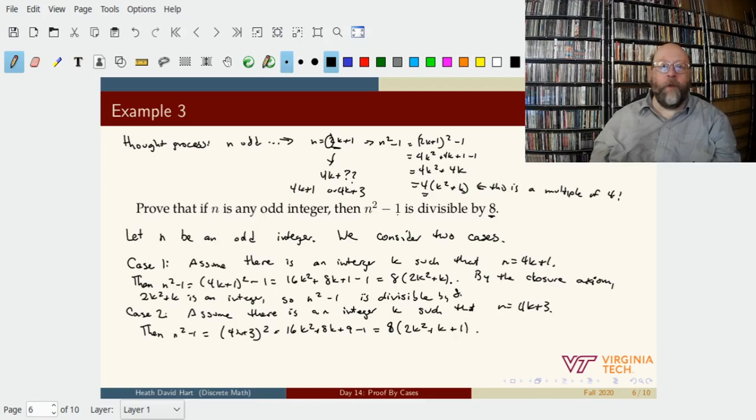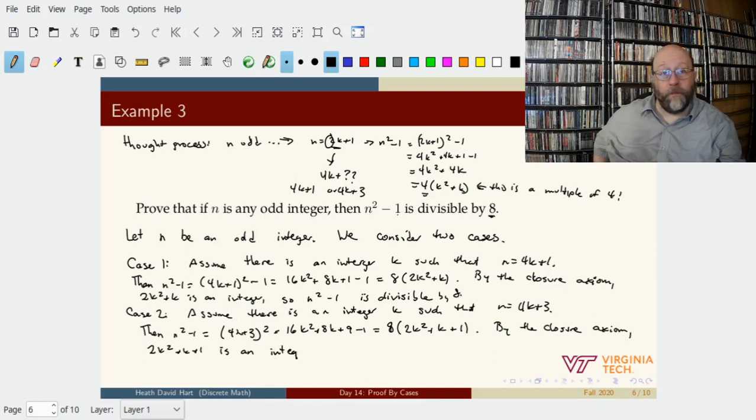We have a plus 1 here that we didn't have up here, but that's okay. By the closure axiom, 2k squared plus 3k plus 1 is an integer. And so n squared minus 1 is divisible by 8.